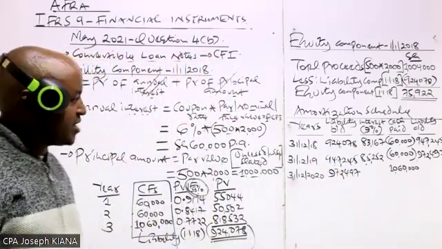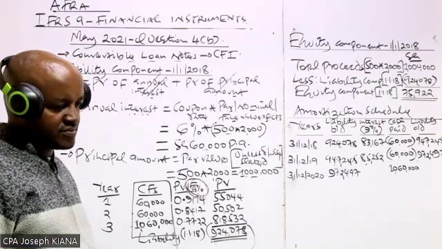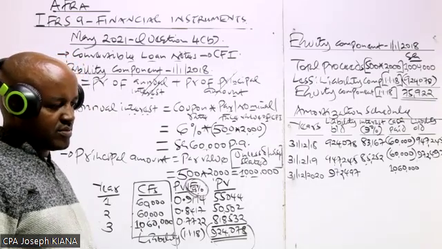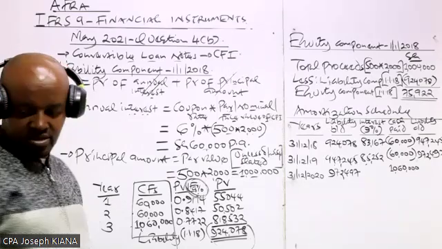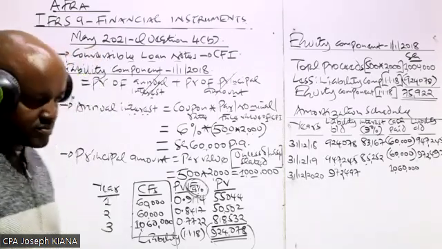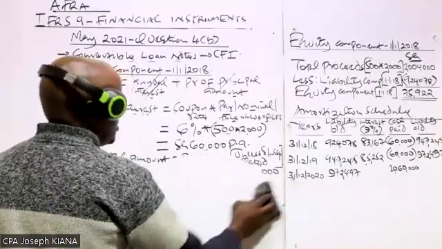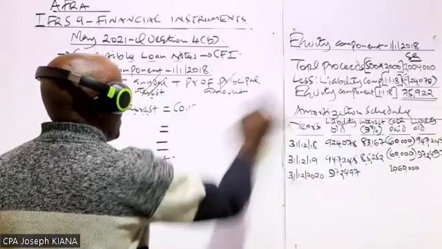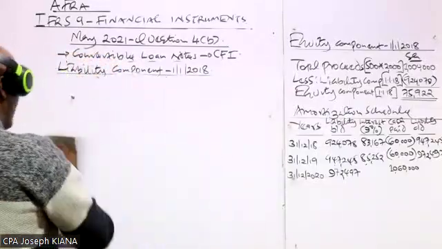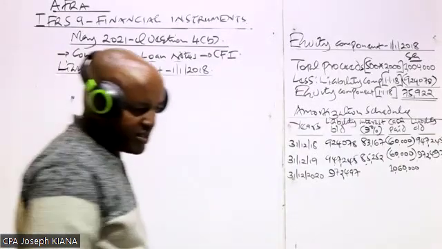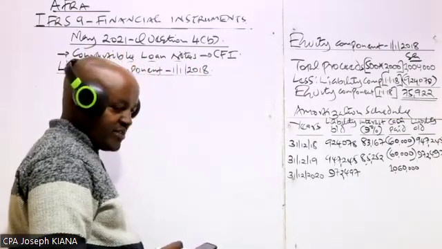And then how much is the interest for that year? Interest for year three, how much is it? I'm waiting for the interest. We need to be a little bit faster.